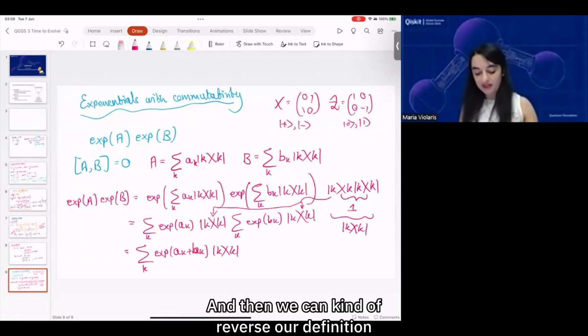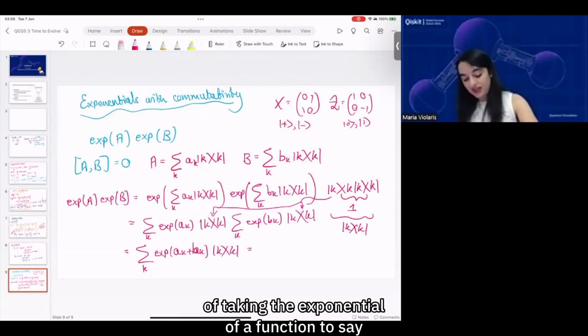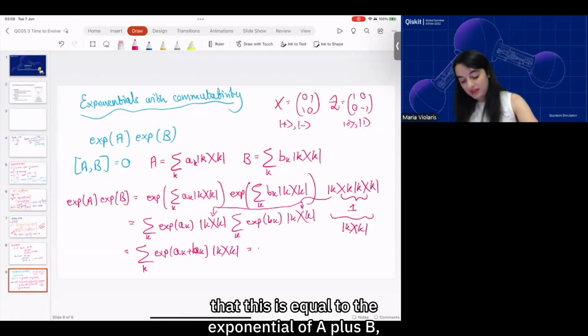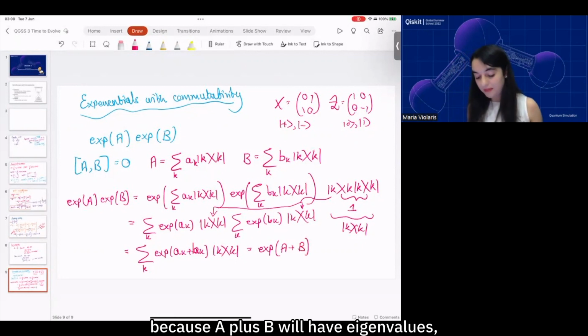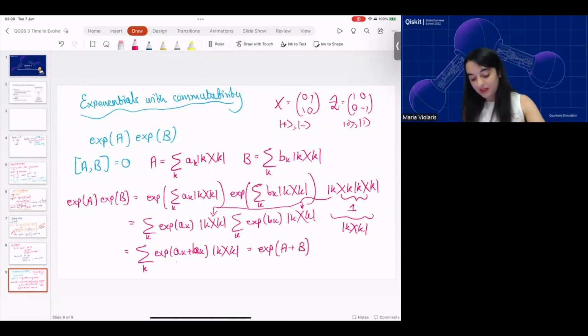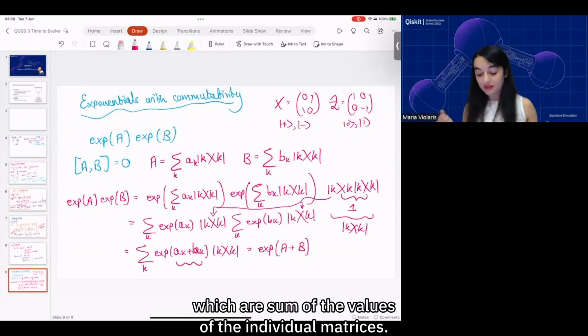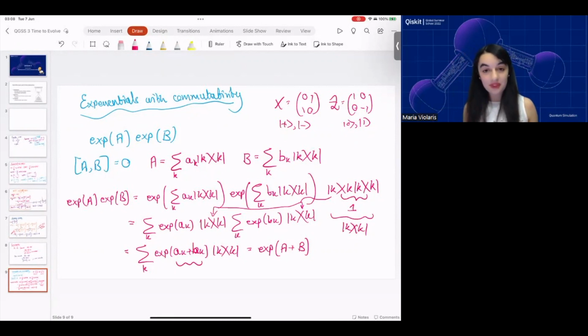And then we can reverse our definition of taking the exponential of a function to say that this is equal to the exponential of a plus b, because a plus b will have eigenvalues which are the sum of the eigenvalues of the individual matrices.